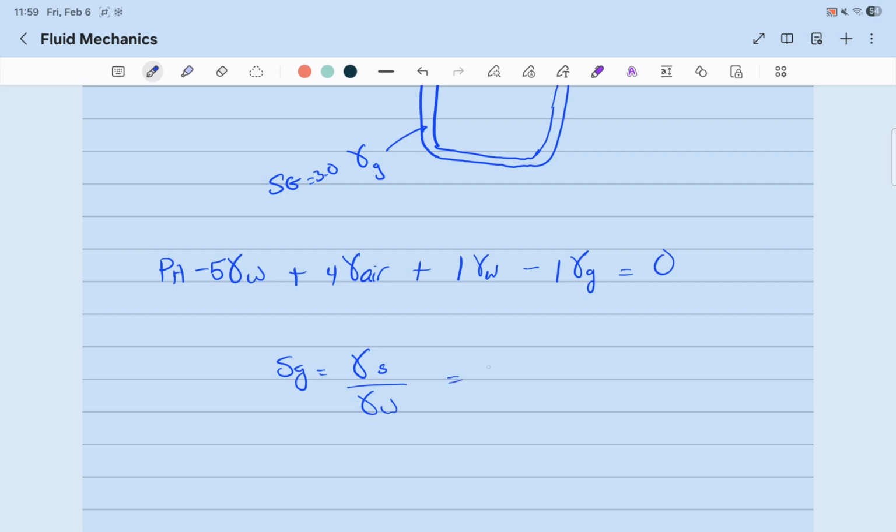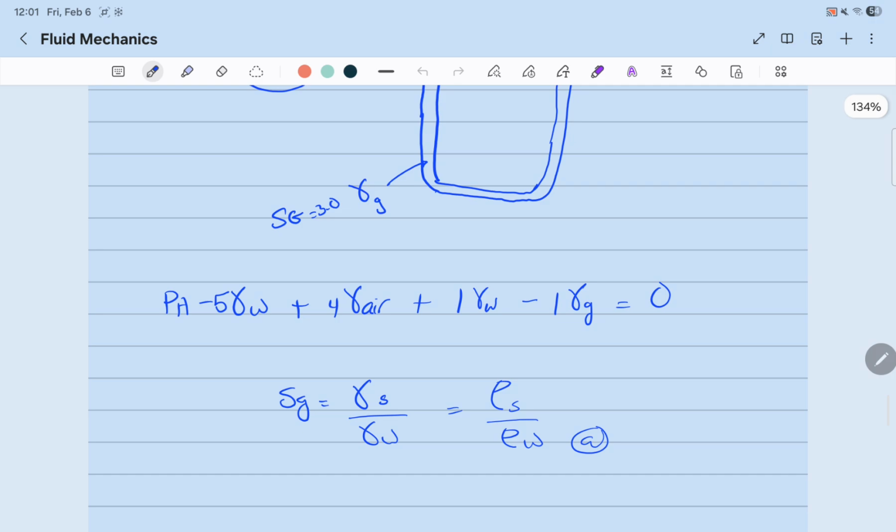It's also equal to the density of a substance over the density of water at, let me double check, I'm pretty sure it's 4 degrees Celsius or 39 degrees Fahrenheit. And that's also the temperature for the specific weight of water.